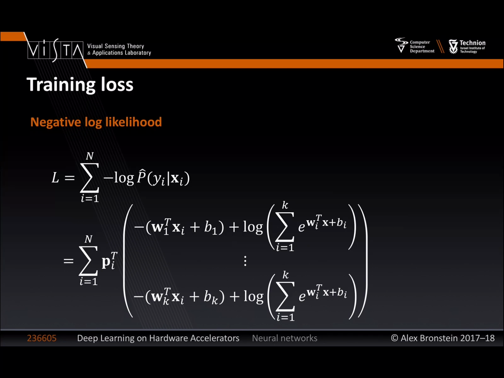But I can interpret it in a different way. I'm just writing it explicitly here: the elements of this vector of hypothesized probabilities.